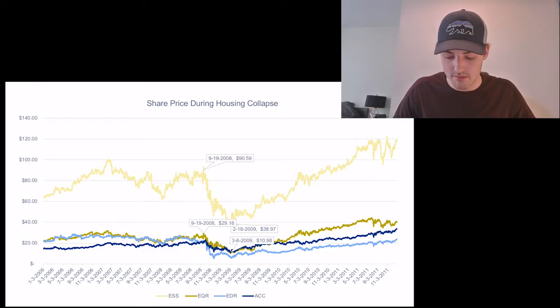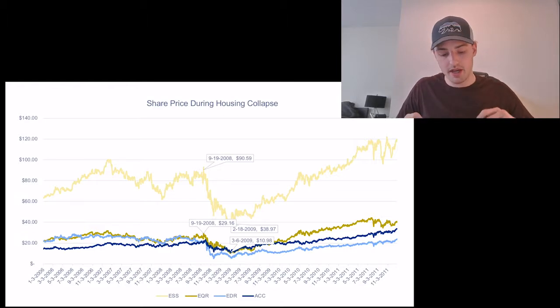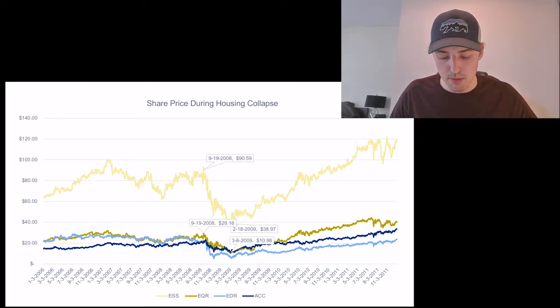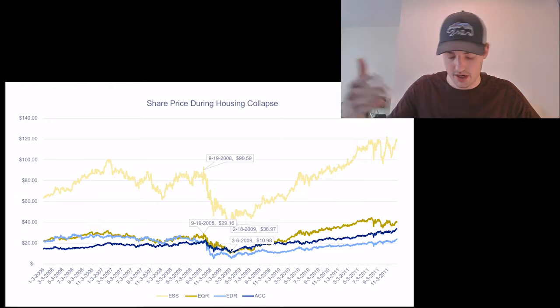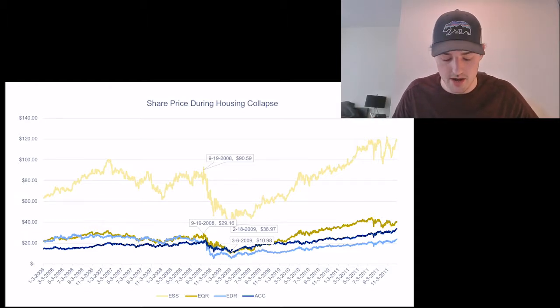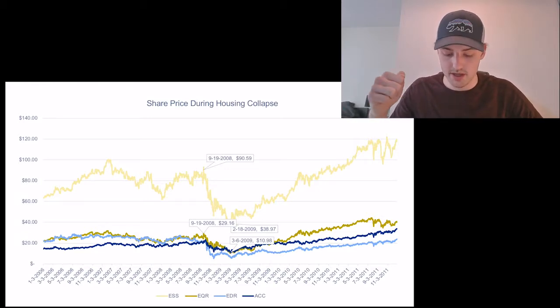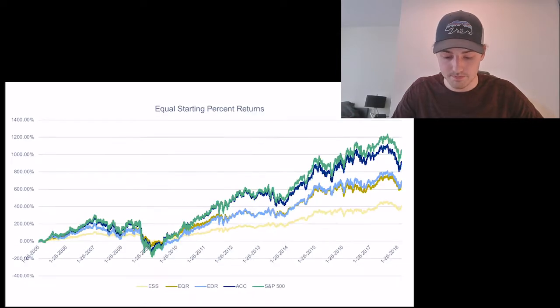Because share prices are arbitrary, since it matters how many shares are issued, this makes it look like ESS suffered a greater decline, but that's not necessarily true. The only purpose of this is to show that yes, these REITs were significantly impacted from late 2008 into 2009.